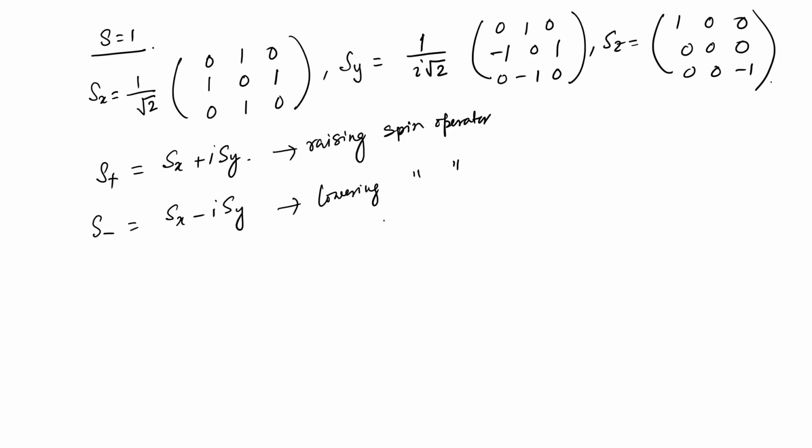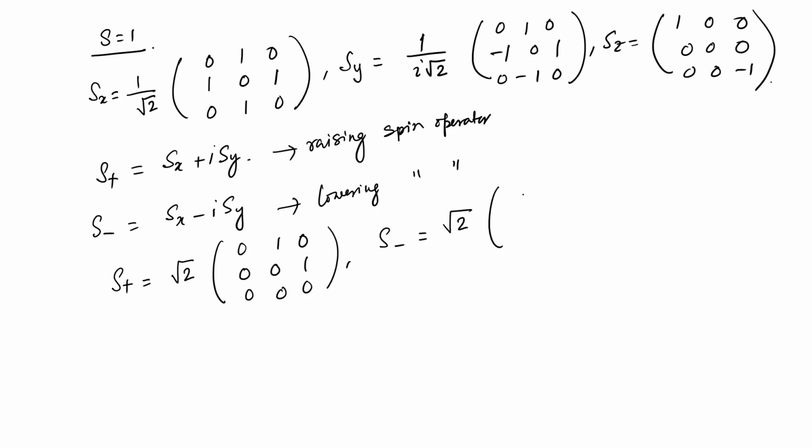They are called raising and lowering because they raise or lower the eigenvalue by 1. In any case, we do not go too much into details. You can read and get some knowledge about these things, and in addition there will be some assignment problems that will help you get more familiar with these spin matrices.